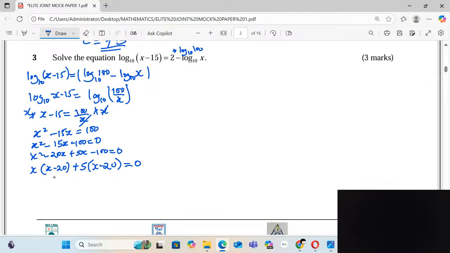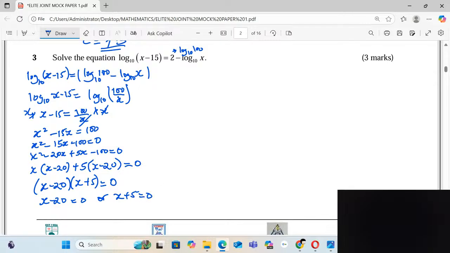So we can take one of the brackets, x minus 20, then we have x plus 5, then equals to 0. So our answer now, x minus 20 equals to 0, or x plus 5 equals to 0.